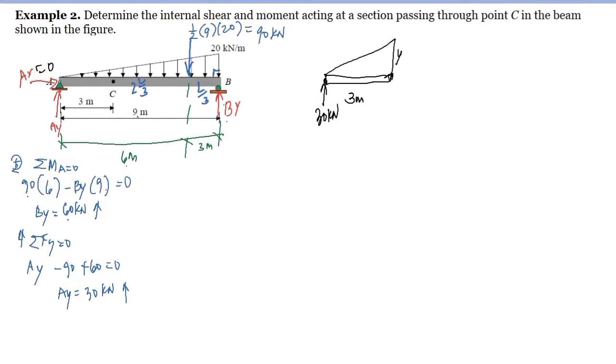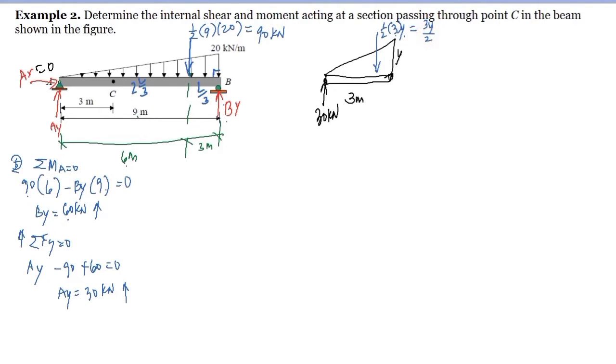And in here, for the resultant of the load, we have 1/2 of 3Y, right? Because the area of the triangle here has the base of 3 and the height of Y. So that would give us 3Y over 2.